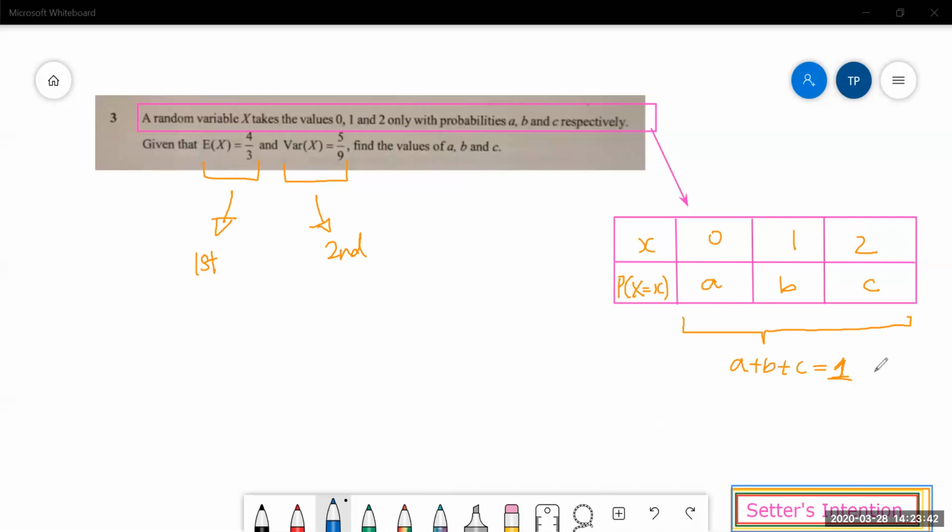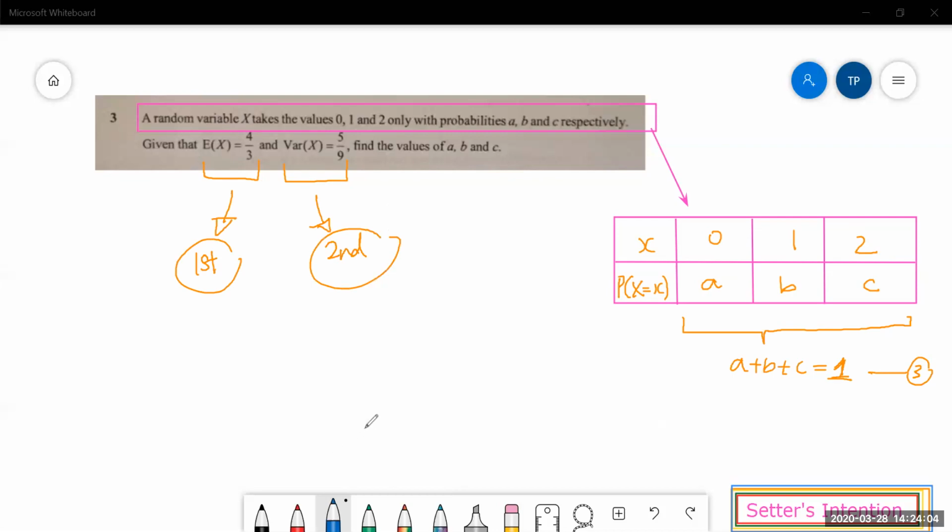Correct. So this is your third equation. From here you get your first equation, right? You know how to formulate it, right? Expectation of X. Then variance of X, you also know how, right? Okay, why not you formulate the equation first?